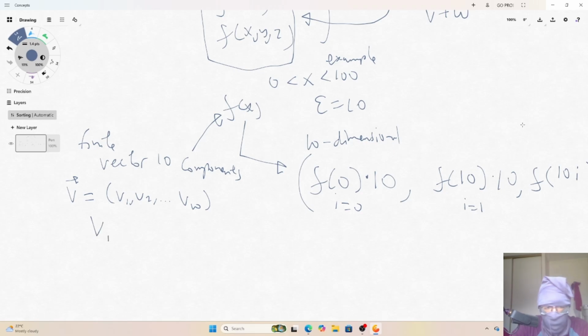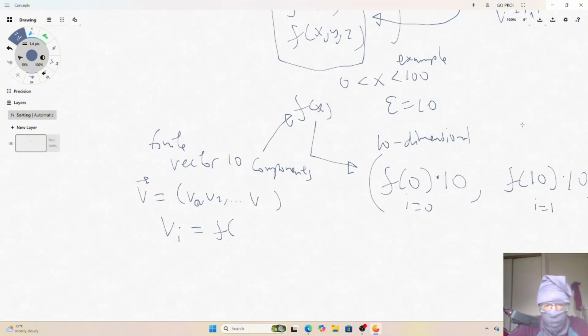So vi is given by, let's start with 0, epsilon times, you have 10 times i. So each of these components is given by this formula. So 0 to 9, there are 10 components.